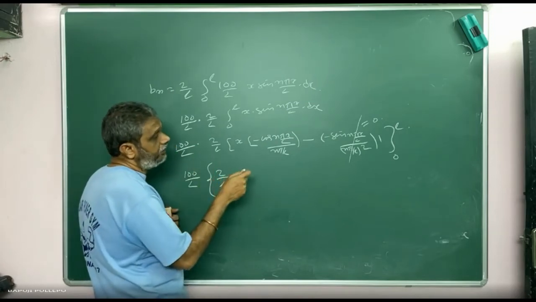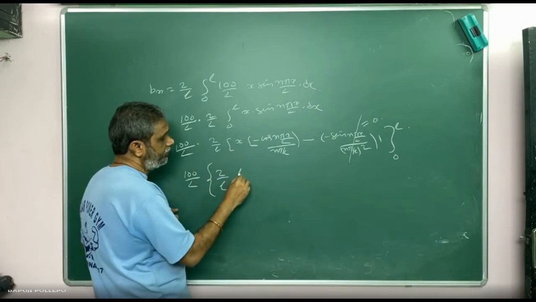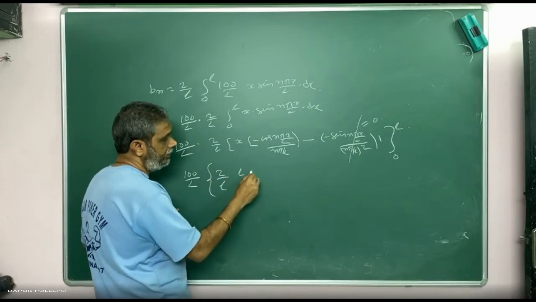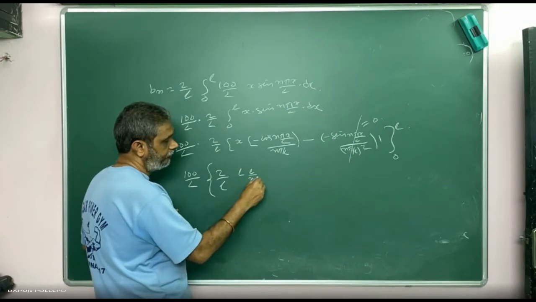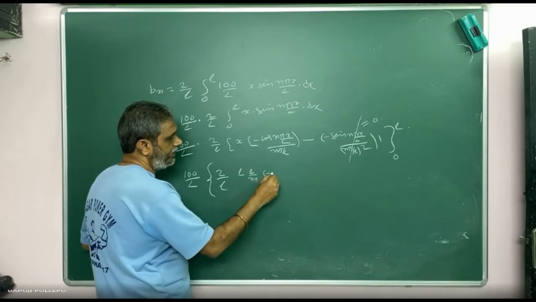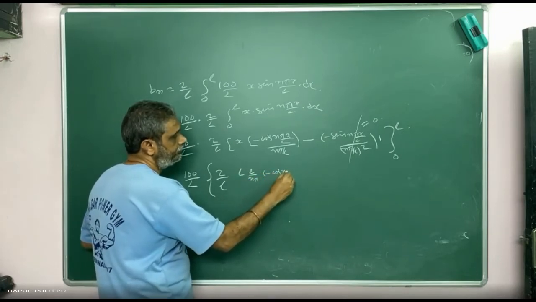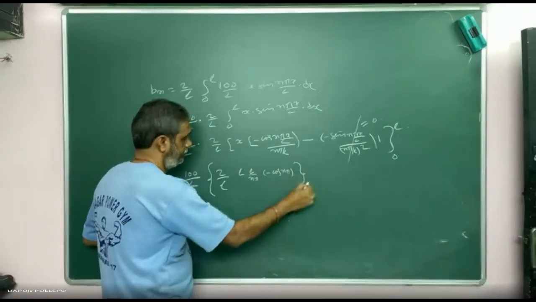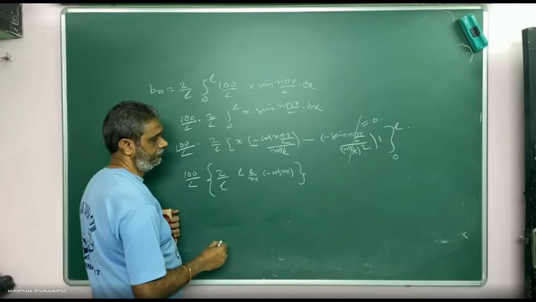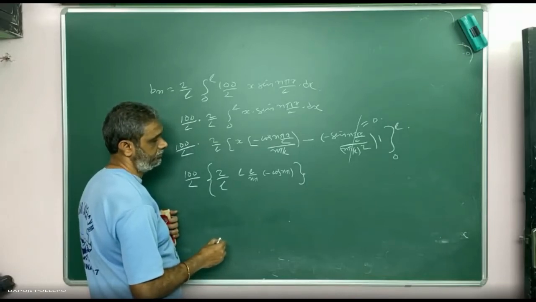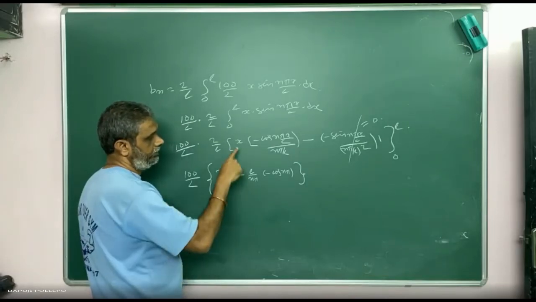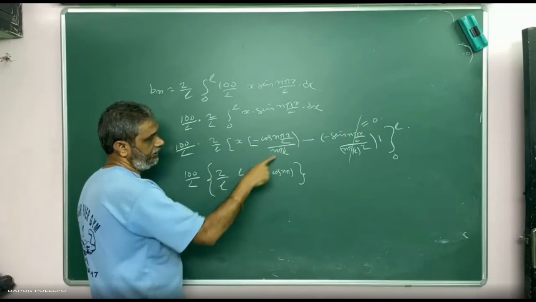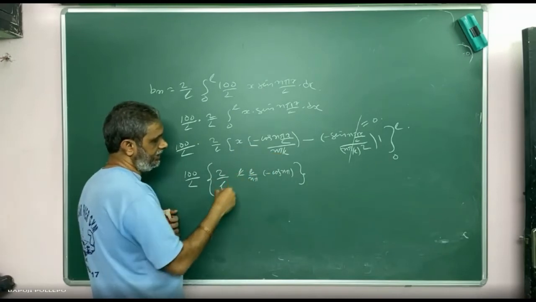2 by L. If you apply the upper limit, what you will get, sir? L. Then this L by n pi, this minus also there, minus cos n pi. Agree? Any doubt? Clear or not? This L by n pi, this L cancel.